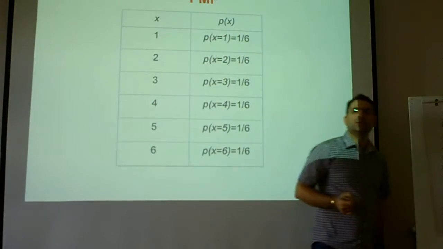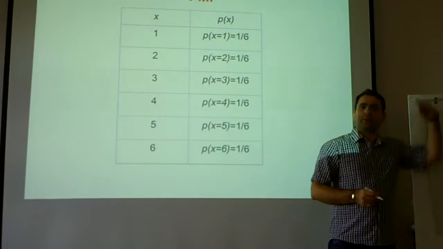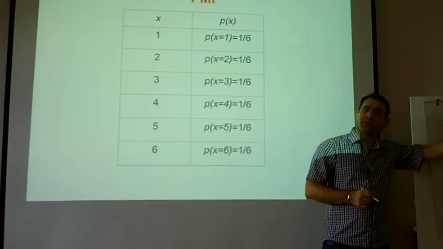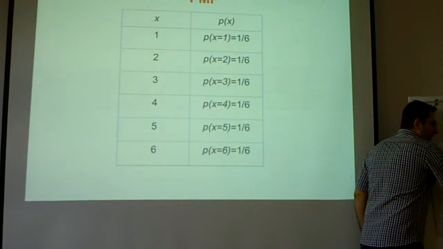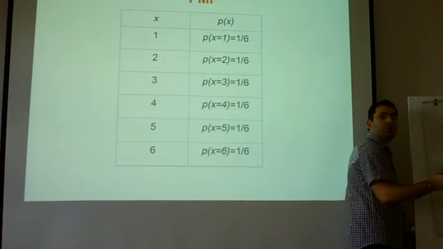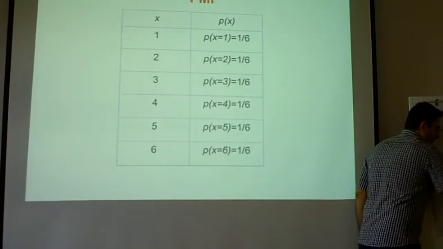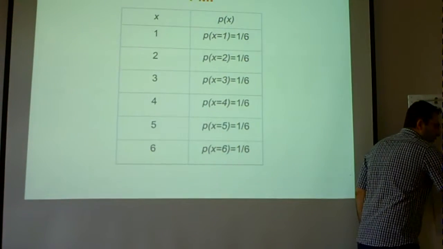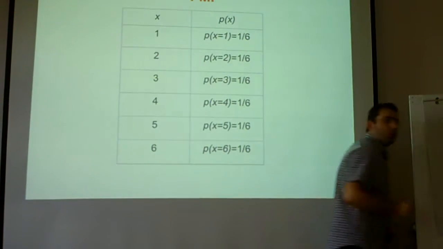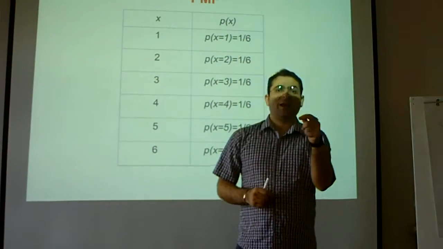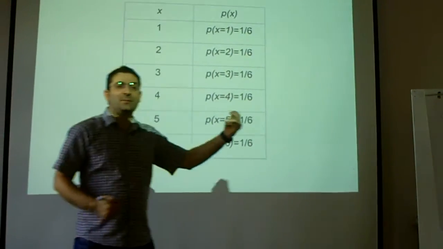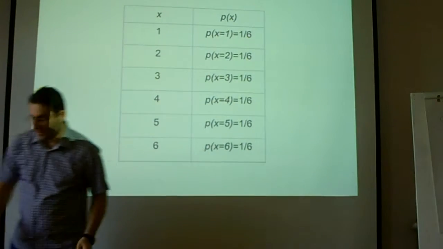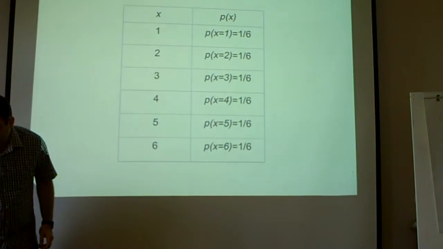What is 1? What is 2? 1 is, for example, head. 2 is, for example, tail. So then I can say that P of x equal to 1 is 1 over 2. P of x equal to 2 is 1 over 2. So you see, I cannot add the head and tail, but I can manipulate the numbers. So this is the whole idea of random variables.